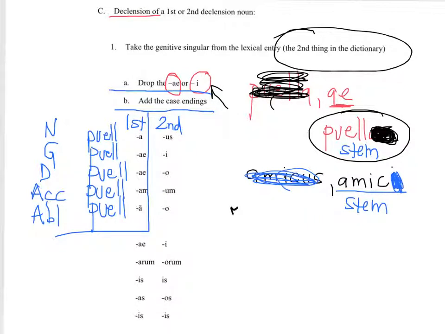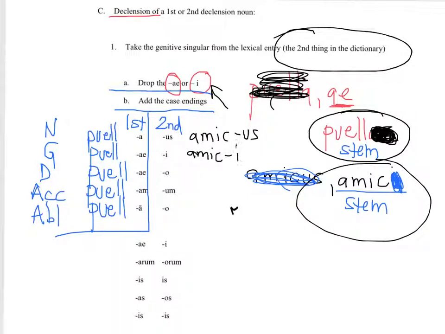For the second declension, the process is very much the same. You take the second thing in the dictionary, over here, for example, amic-, and then you would add the ending: amicus, or amici, or amico, or amicum, or amico.